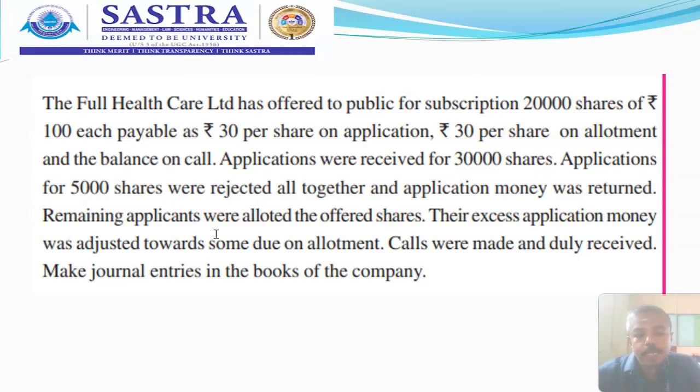So for them, limited shares have been allotted on a pro rata basis. Then the balance amount which we received in advance from the application money is adjusted towards the allotment money. So their excess application money was adjusted towards the sum due on allotment, not the entire money due on allotment, only the excess we received from the application.